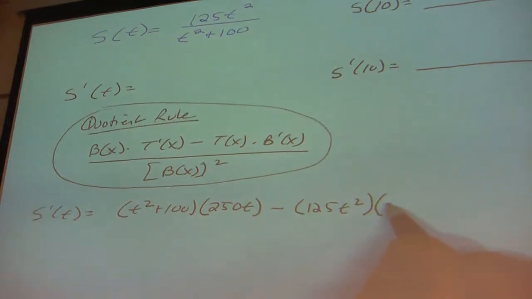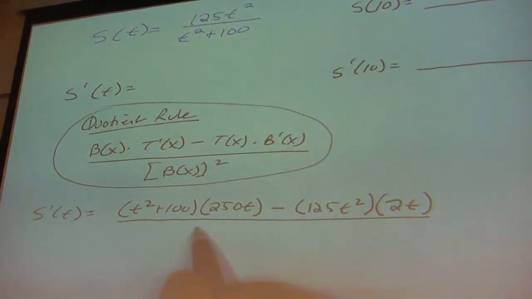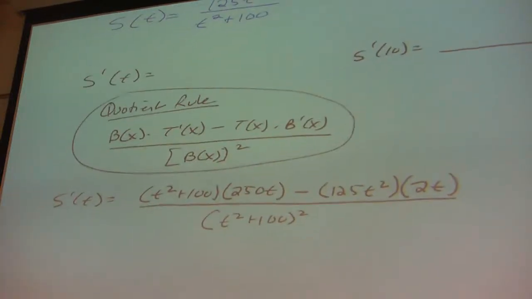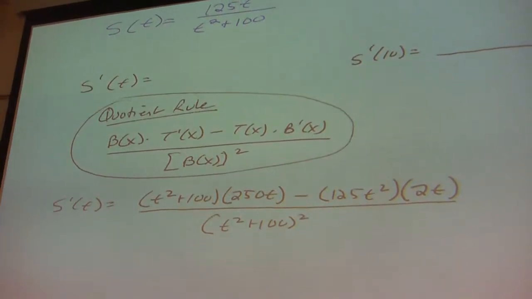What's the derivative of the bottom? 2t. Right? All over the original bottom squared. So stop there. Did we do the quotient rule correctly?